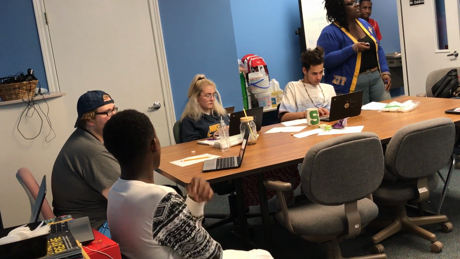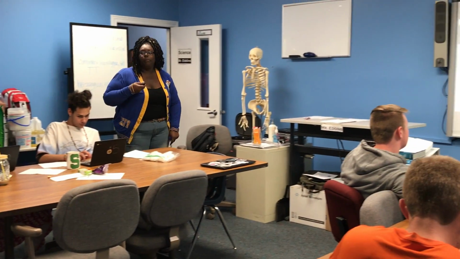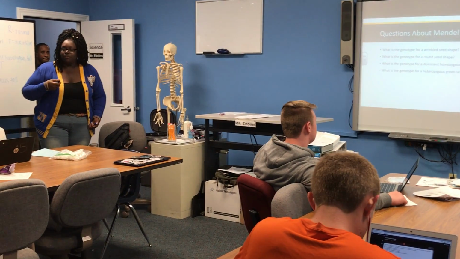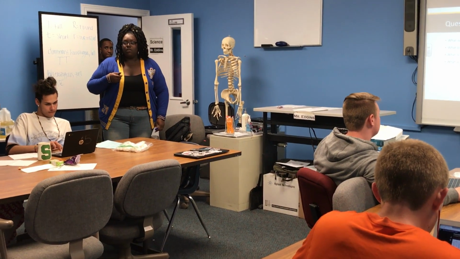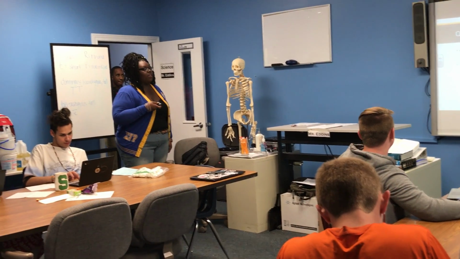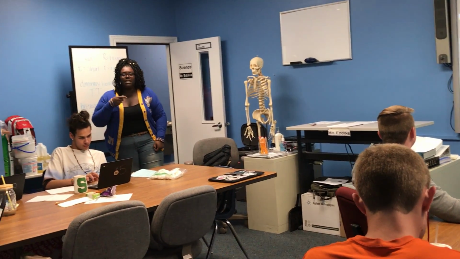Okay, so the second question is, what is the genotype for a round seed? Dominant homozygous. So big what? R. Big R, big R. Correct. Can anyone else besides Nick give me the heterozygous genotype for a round seed shape?